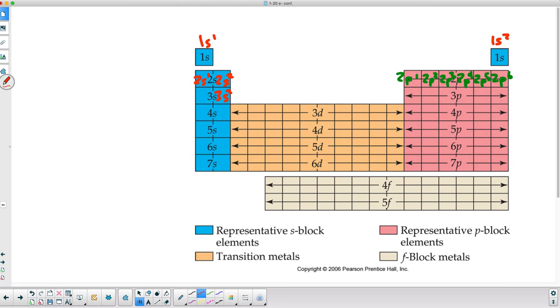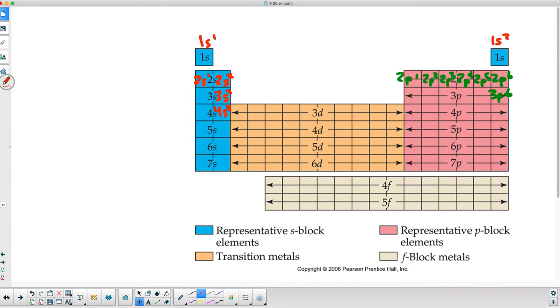And then I go all the way across to p, and this would be 3p6. I know that's tough to see. By the time we get down here in the red, this is 4s2. Then I would go into my 3d's, and then my 4p's and my 5s's. Okay, so that's the pattern.